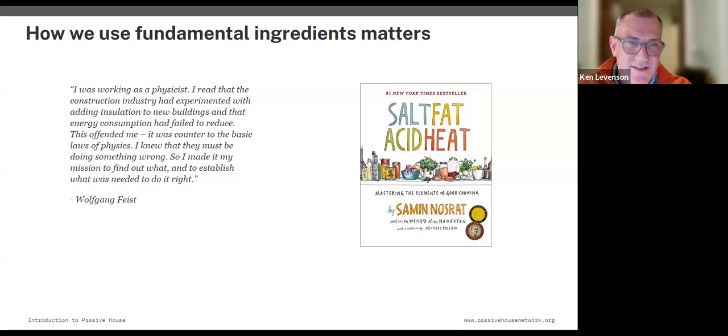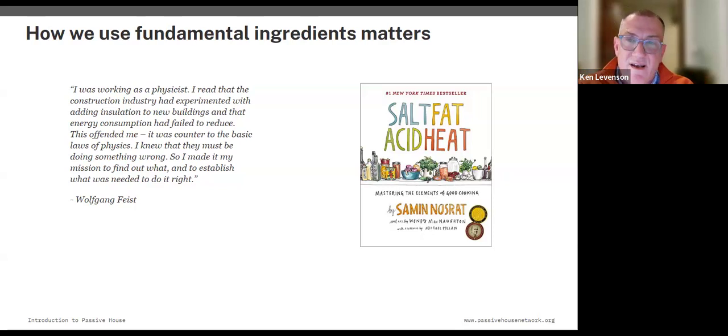So a very German physicist there, and we've all experienced this, right? Where you see construction projects and they're not hitting their potential because construction is messy, and they're not putting it together quite right. We may see it more with food, and I like to make the analogy to cooking. This great book, Salt, Fat, Acid, Heat, has these basic elements of cooking. And if you master these basic elements, you can make a great meal.